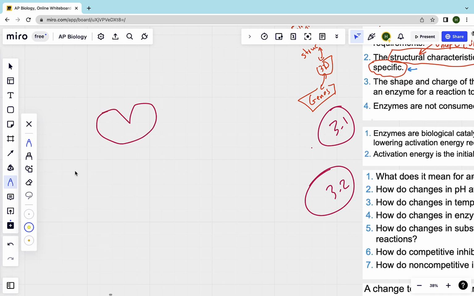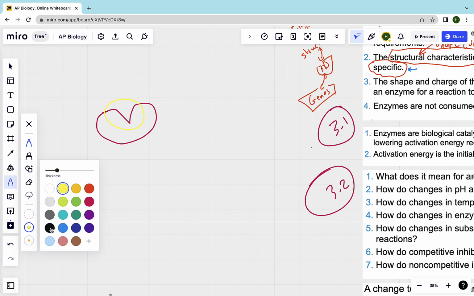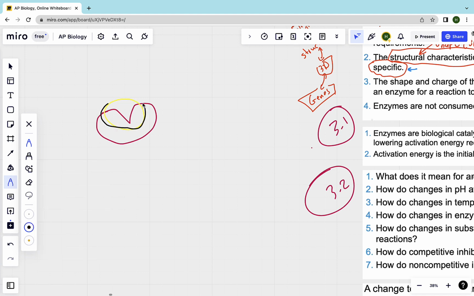This part here represents the active site of the enzyme. The other part is only the body of the enzyme, but it's not needed for binding. As long as the active site maintains its shape, the enzyme can work.